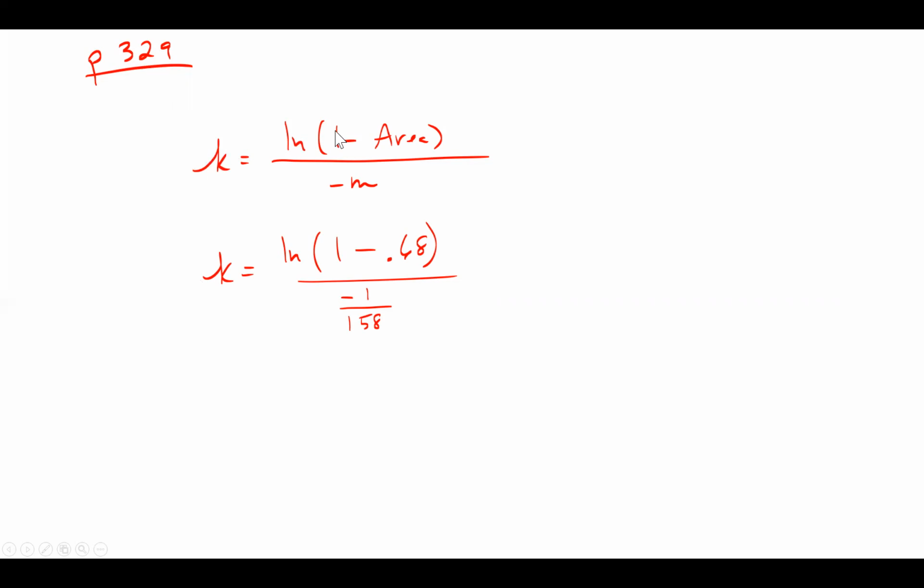The only thing you've got to do is put the percentile into this area right here, and you have to subtract it from 1. And this guy's ln. Hopefully you've learned it in Algebra 2 or intermediate algebra. ln is a logarithmic function that is used quite a bit in mathematics. So let's subtract this: 1 minus 0.68 gets you 0.32.